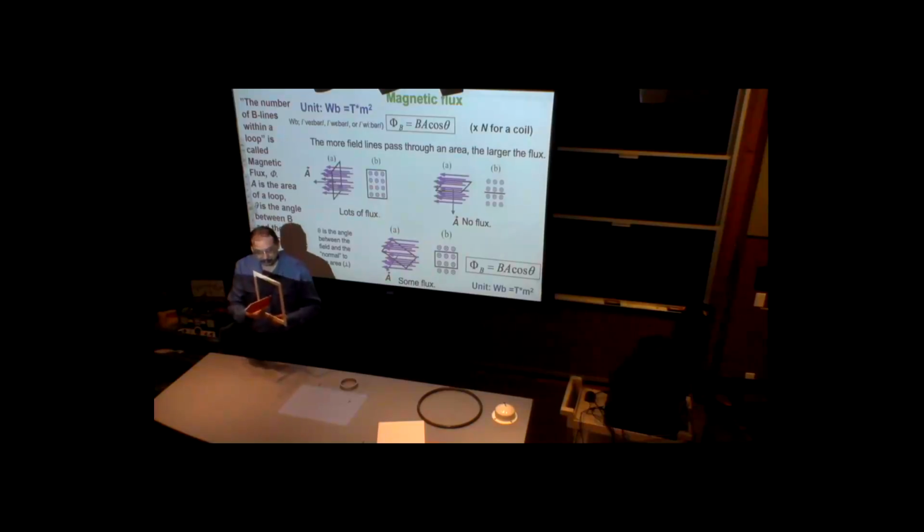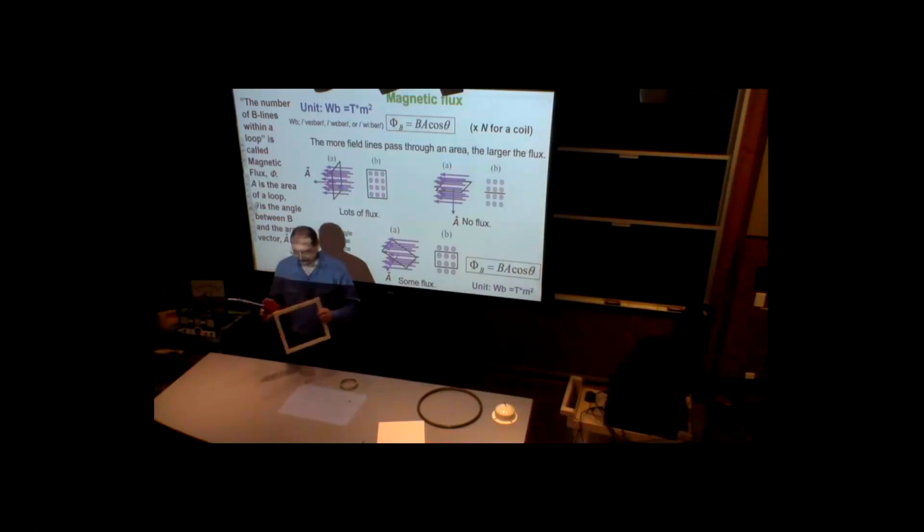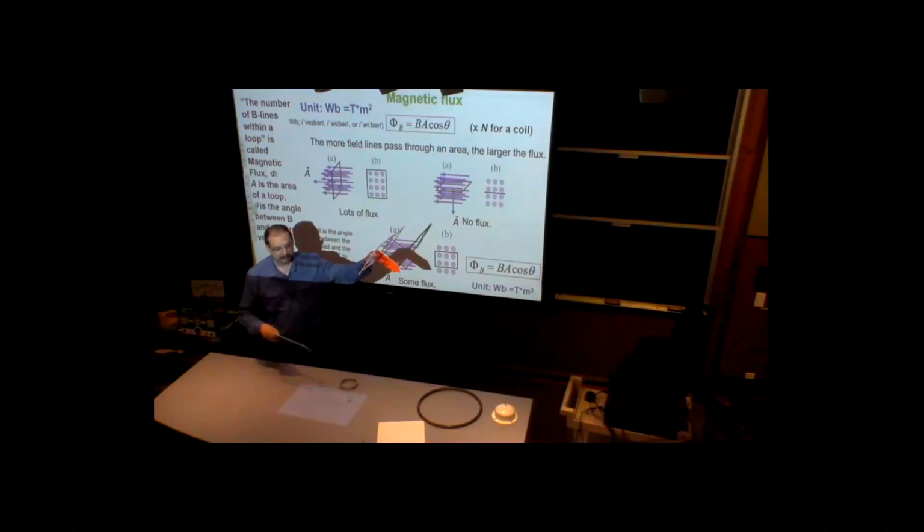So this is the normal area vector, and this is the magnetic field, and theta is the angle between the magnetic field and the normal. So you see, in this example, I really need a third hand. Normal. So that's the magnetic field. If theta is 0, we have maximum flux.